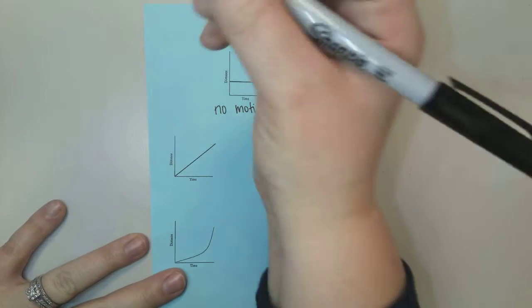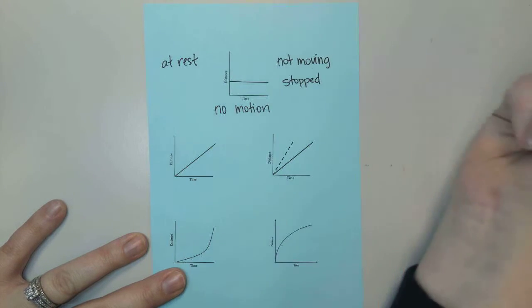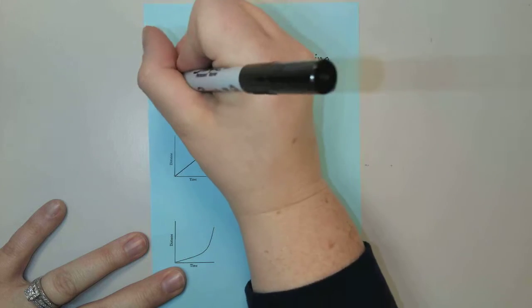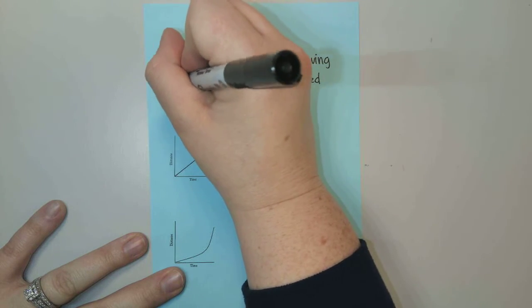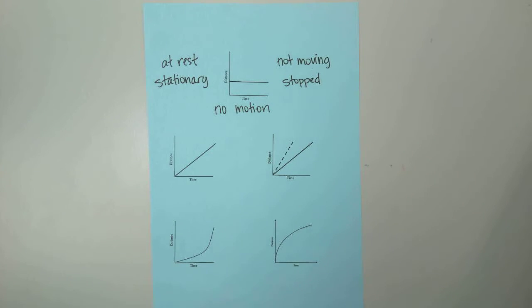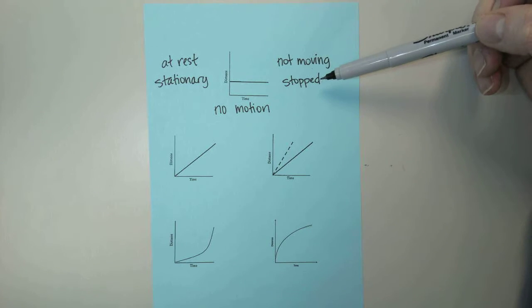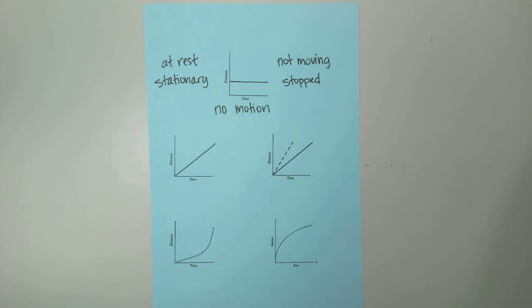Some other words that we might see: at rest, which means the same thing as no motion, or the word stationary. Think about a stationary bike. That's like an exercise bike where you're pedaling and pedaling, and it's not going anywhere. Stationary means it's not moving. So anytime we see this line on a distance time graph, we know that object is not moving, or that object is stopped.